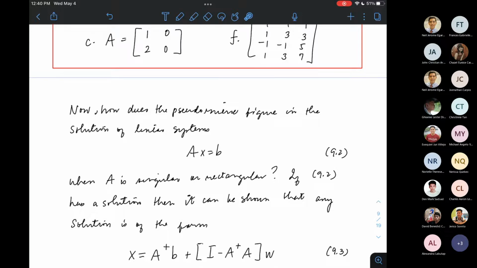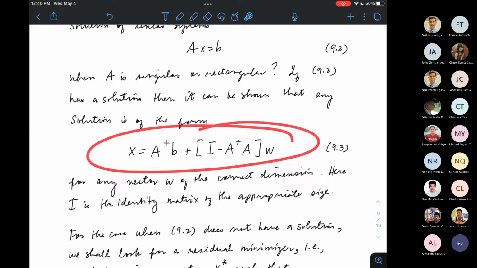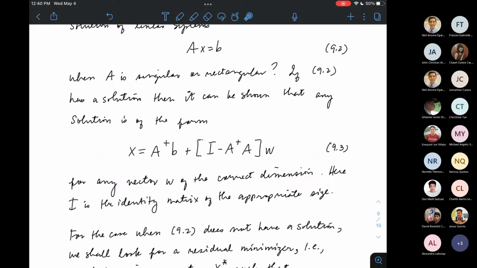So kung meron kang isang solution, tapos yung system ay overdetermined o underdetermined siya, so ibig sabihin there would be an infinity of solutions. It can be shown that any solution X will be of this form for any vector W of the correct dimension. Okay?